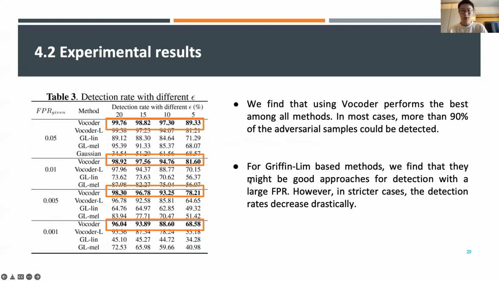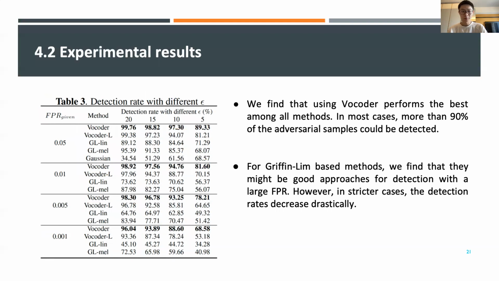We found that using the vocoder performs the best among all methods, and in most of the cases, more than 90% of the adversarial samples could be detected. And for Griffin-Lim-based methods, we found that they might be good approaches for detection with a large false positive rate. However, in stricter cases, the detection rates decrease drastically.